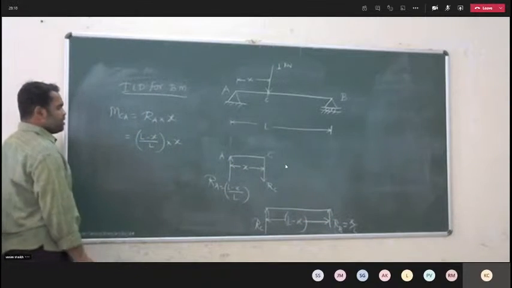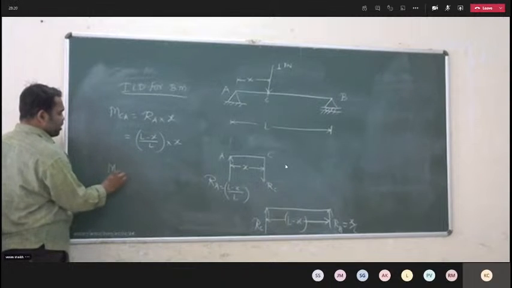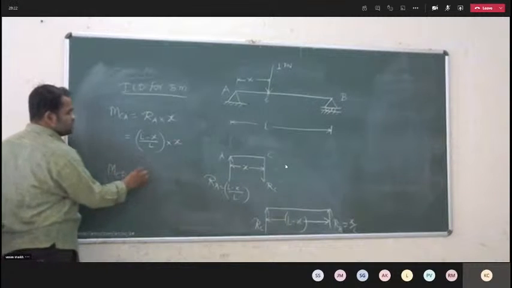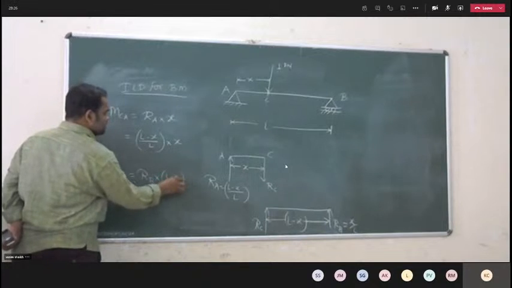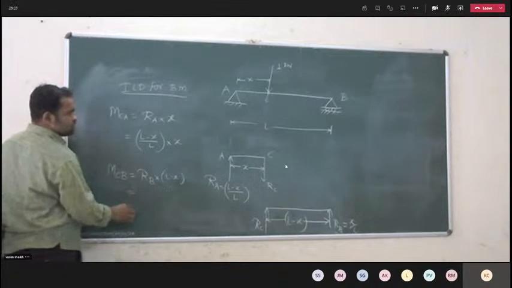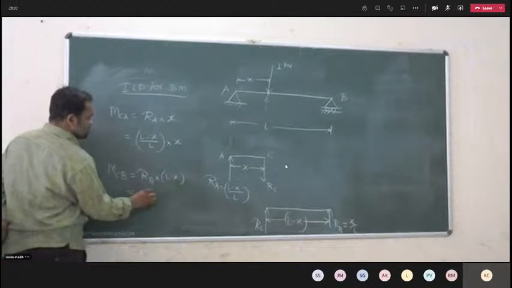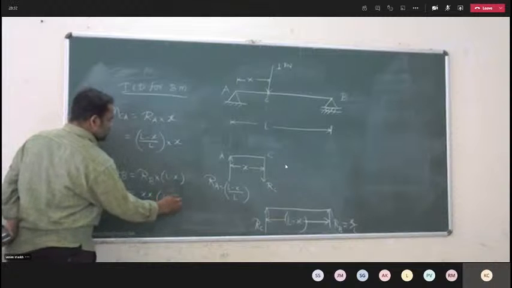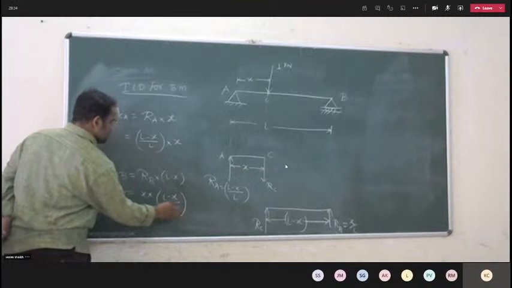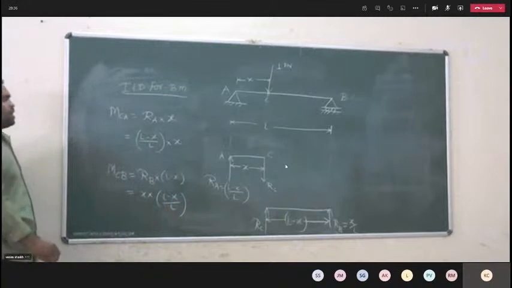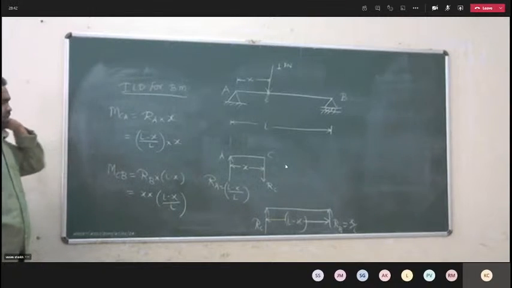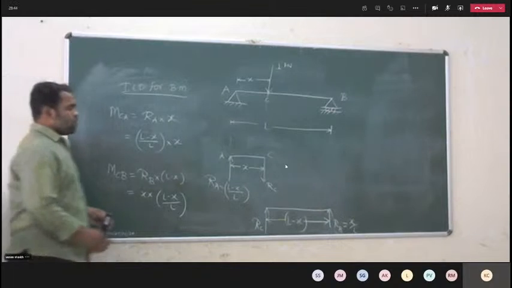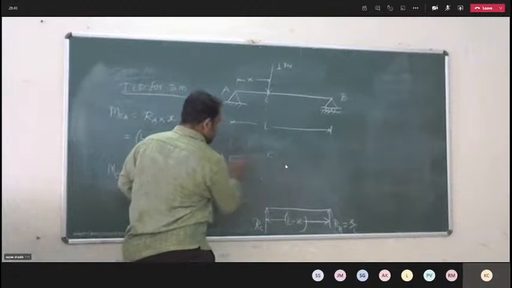So for the span BC, the moment at point C, MCB is equal to RB into L minus x, which is x into L minus x by L. This is the bending moment which is maximum at point C, because we have considered the one unit load at point C, right? So now I have to draw the ILD for the bending moment.